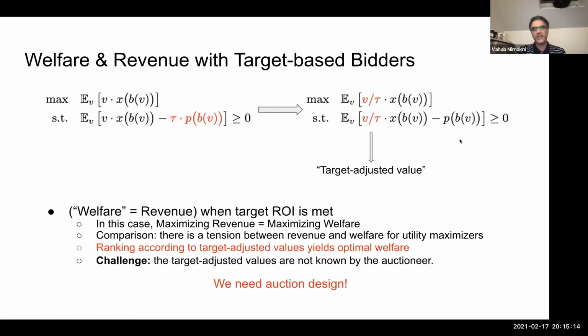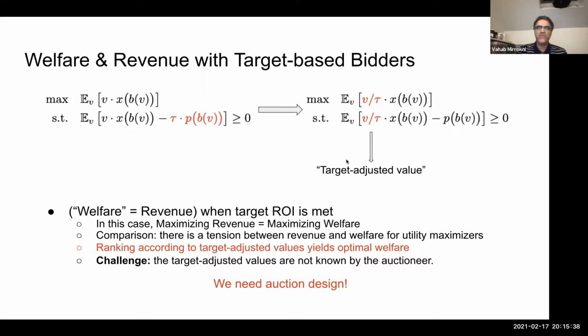If we do it like this, we observe that if all target ROI constraints are met, the welfare, which is the value of the solution, becomes the same as the revenue that we collect, because the payment here is equal to the value that we gather.